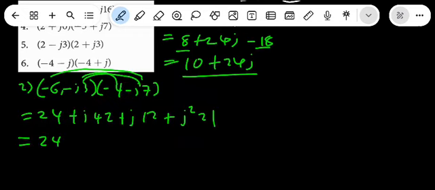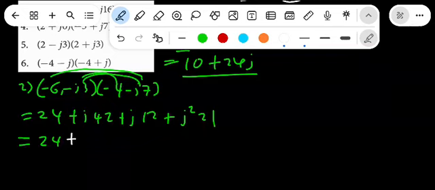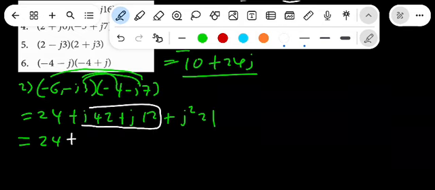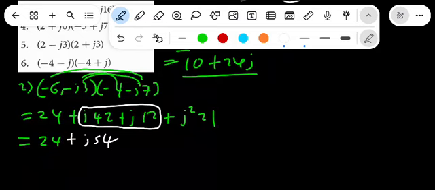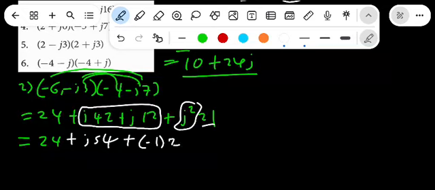We have 24 plus j42. You add these two, the real parts, and the imaginary and the imaginary. Adding this will have j54 plus, but this j squared is equal to minus 1 multiplied by what? By 21.